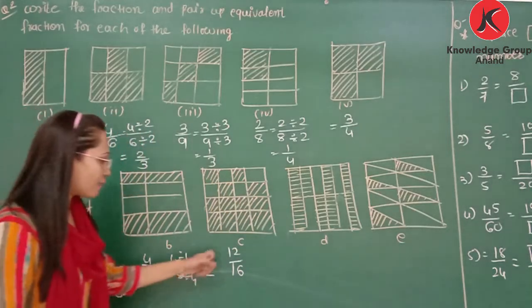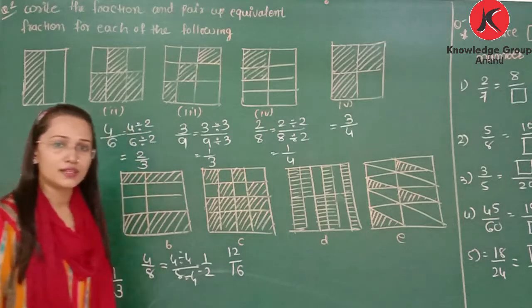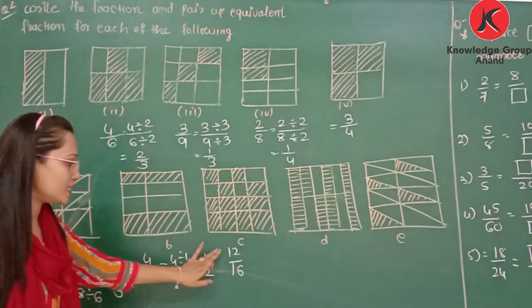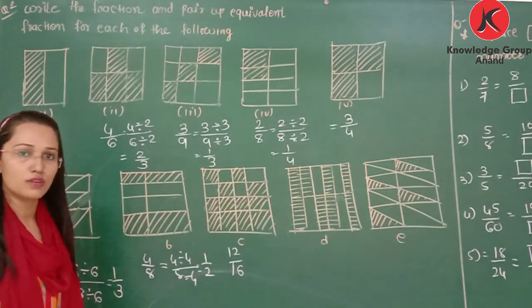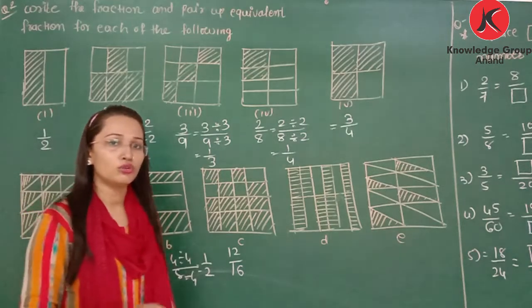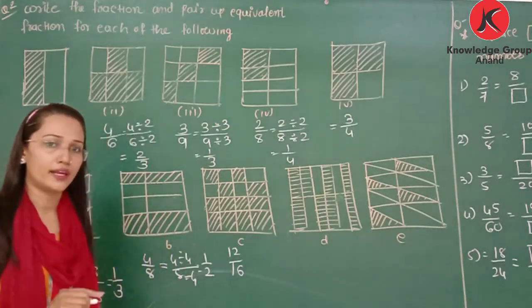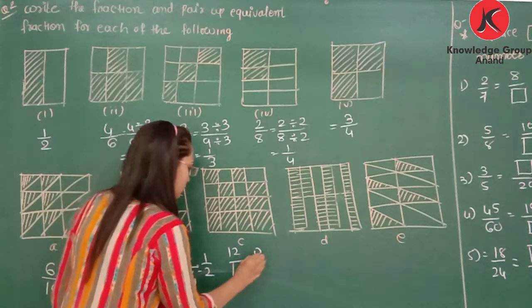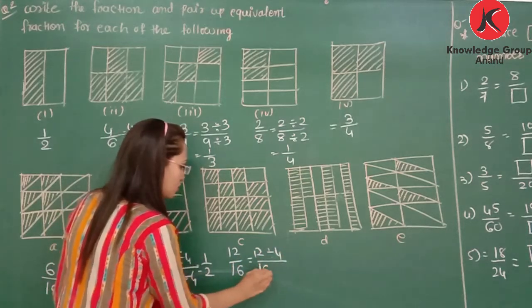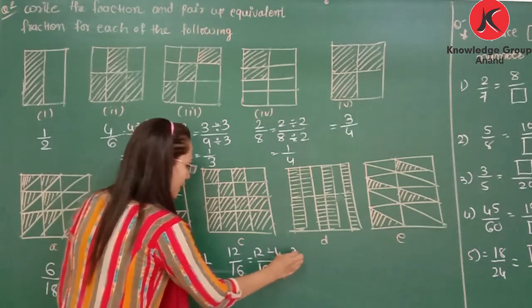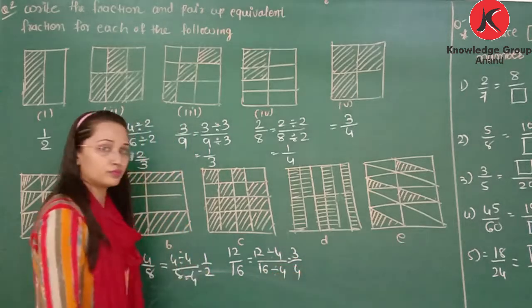Now, by which number are both 12 and 16 divisible? We know that 12 is divisible by 4 and 16 is also divisible by 4. If you don't know, then find the HCF of 12 and 16. So we get 3 by 4.